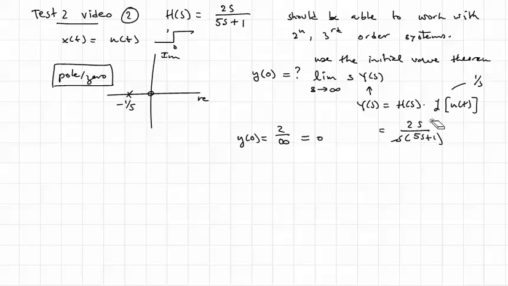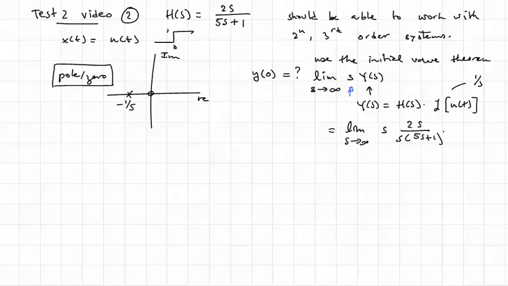Oh, wait. I forget, that doesn't look right. Okay, I forgot the s times here. All right. So sorry. So let me rewrite that with s out front. Okay, limit as s goes to infinity.